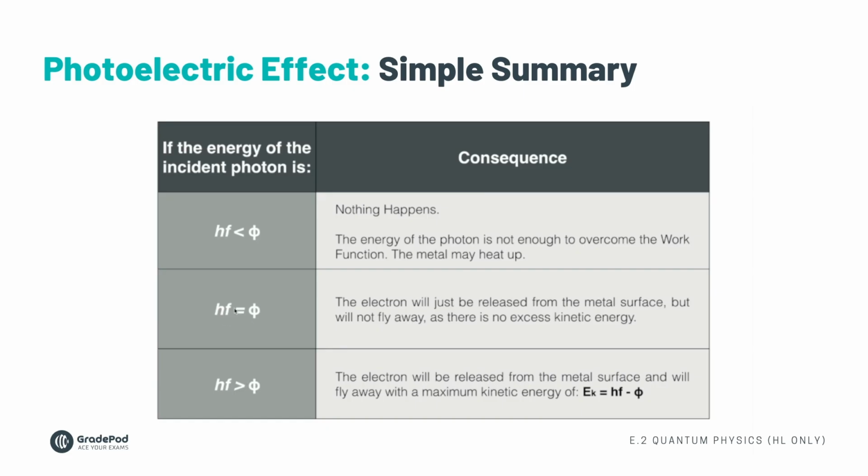If the energy of the incident photon, hf, is equal to the work function, then the electron will just be released from the metal surface, but will not fly away, as there is no excess kinetic energy available for that electron. And finally, if the energy of the incident photon is greater than the work function, the electron will be released from the metal surface and will fly away with maximal kinetic energy, kinetic energy equals hf, the incident energy of the photon, minus the work function.